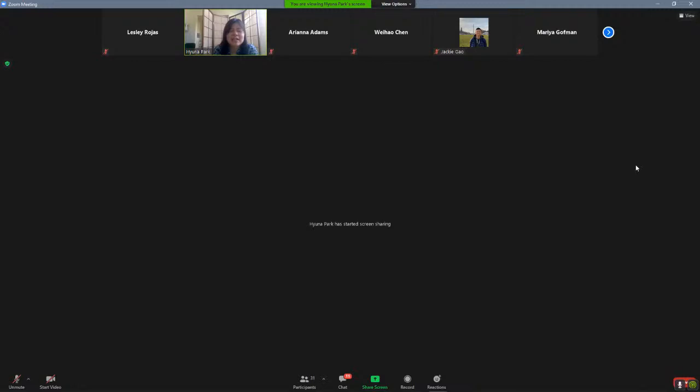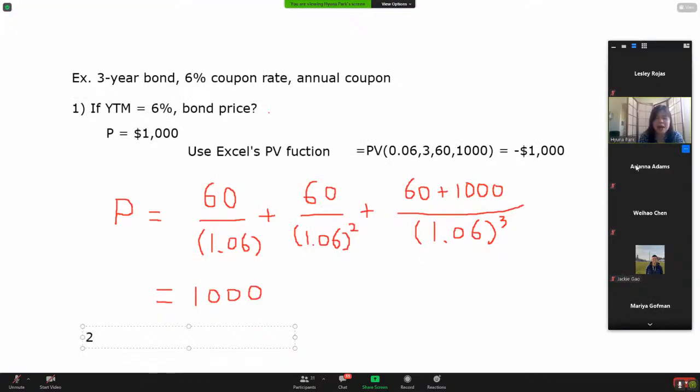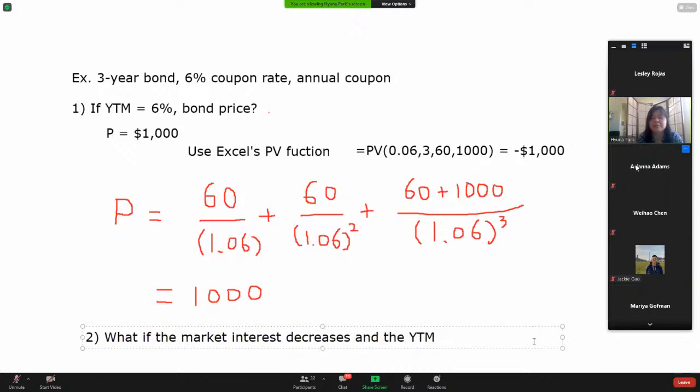To explain this, let me make another example. What if the market interest rate decreases and the yield to maturity of this bond becomes 5%?